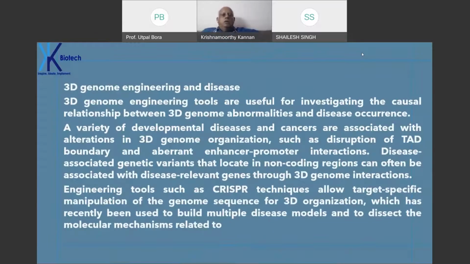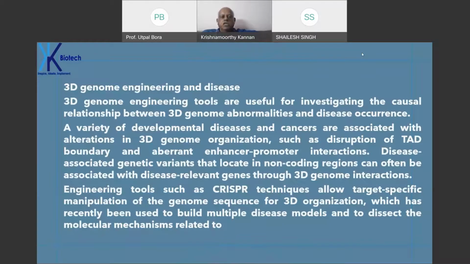So now we come to 3D genome engineering. 3D genome engineering tools are useful for investigating the causal relation between 3D genome abnormalities and disease occurrence. A variety of developmental diseases and cancers are associated with alterations in 3D genome organization, such as disruption of topologically associated domain boundaries and aberrant enhancer promoter interaction.